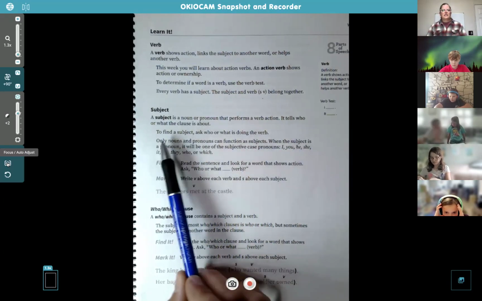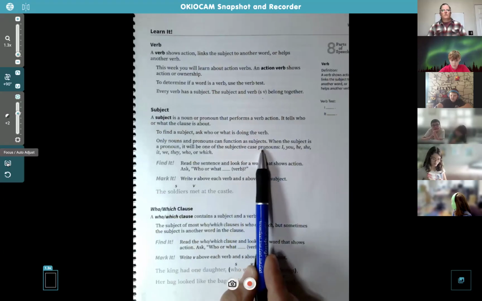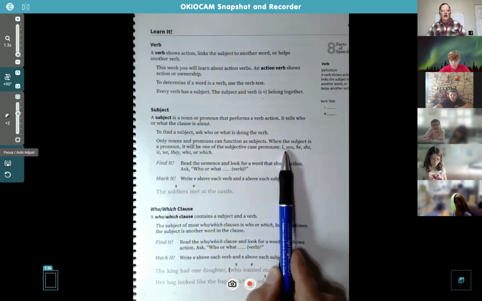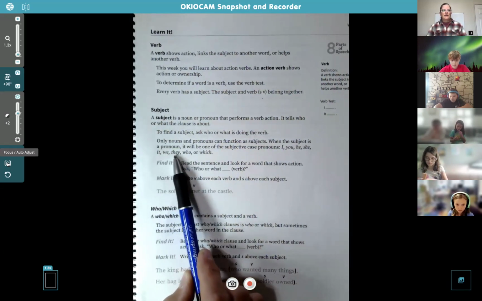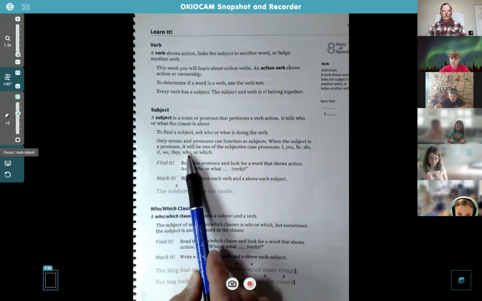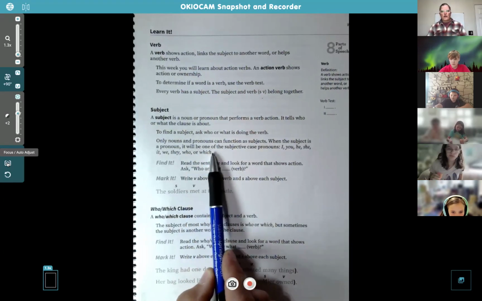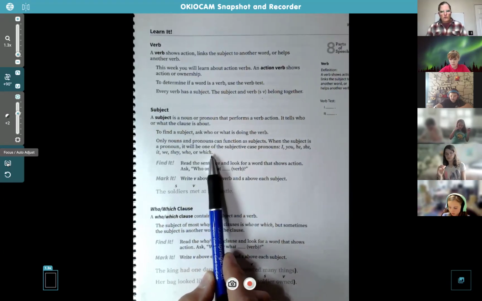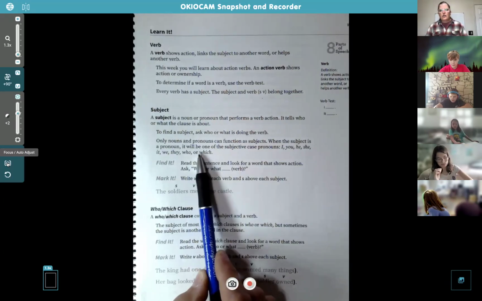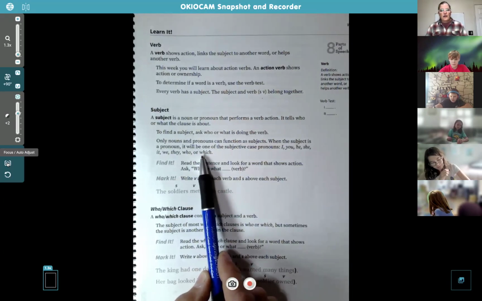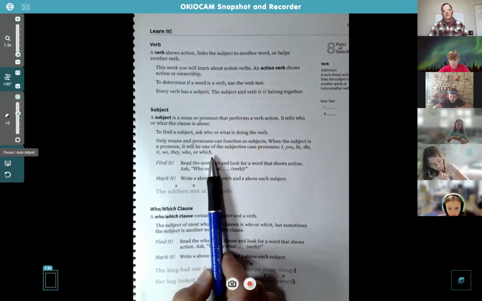When the subject is a pronoun, it will be one of the subjective case pronouns: I, you, he, she, it, we, they, who, or which. The only ones that are really different here are who or which, and we know that from the who which clause, right? We're going to talk about that more too. But inside a who which clause, a lot of times it's the word who or which that's actually the subject.